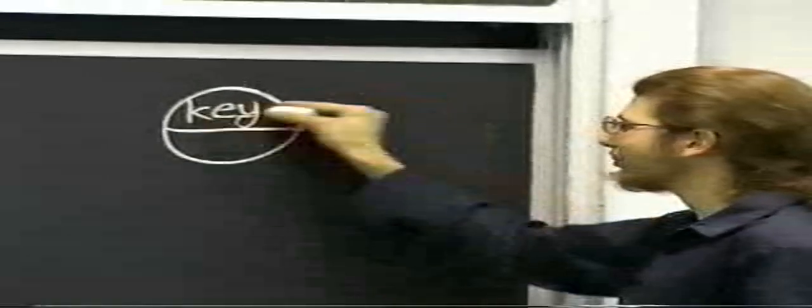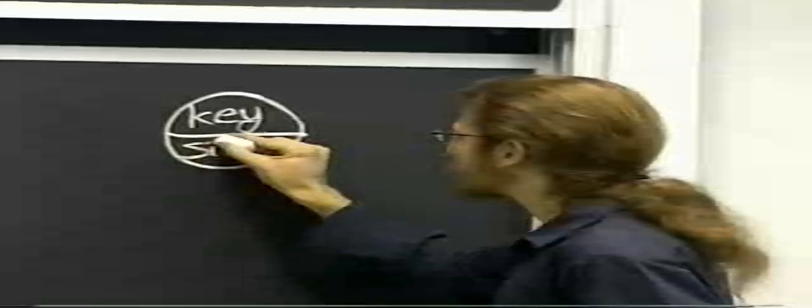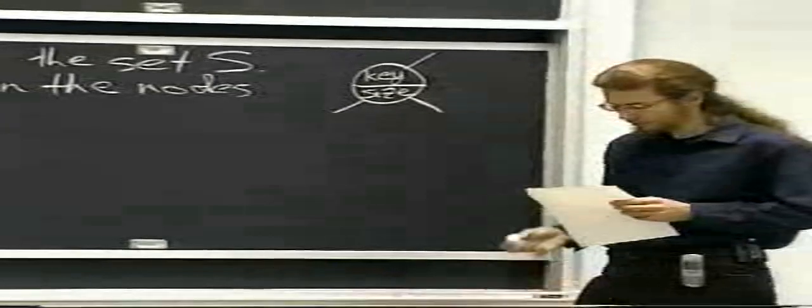So I'm going to write the key of the node, just like in a red-black tree, in the top half of the node, and I will write the subtree size in the bottom half of the node. So every node will store two things in addition to the usual set of pointers.